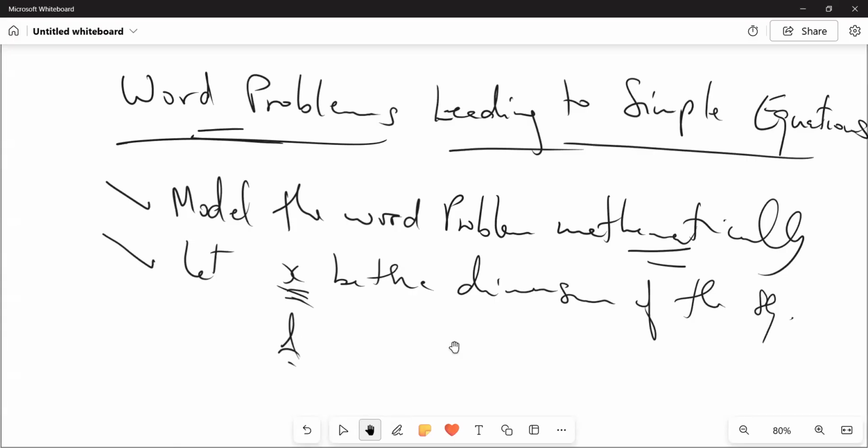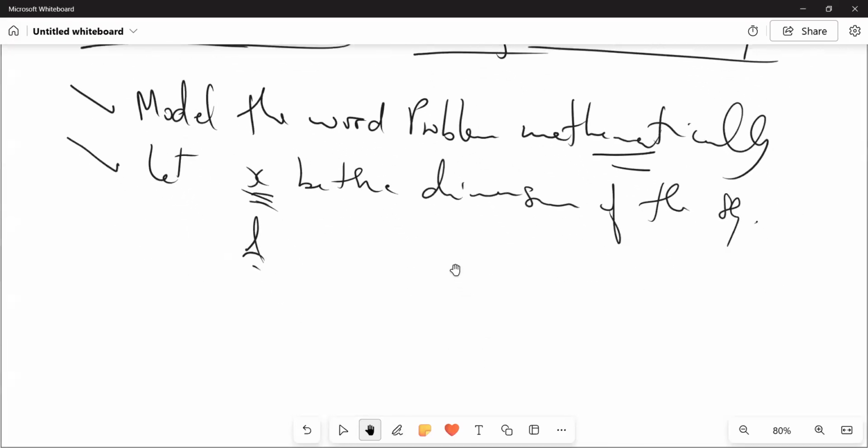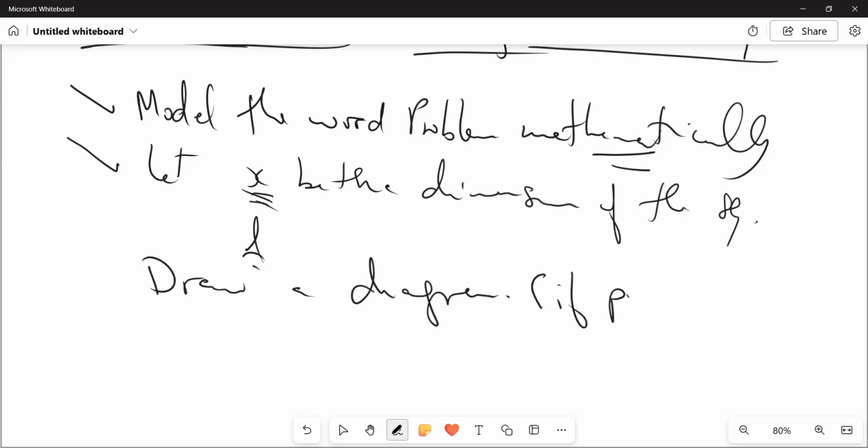Another step you might want to take is, if you can, draw a diagram. And I put "if possible" because not every problem out there would lend itself to drawing a diagram.